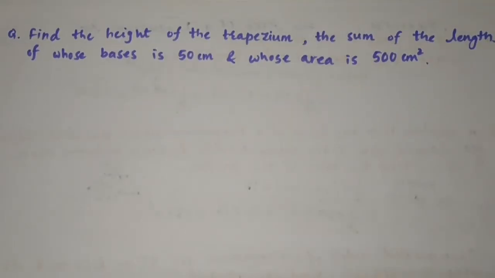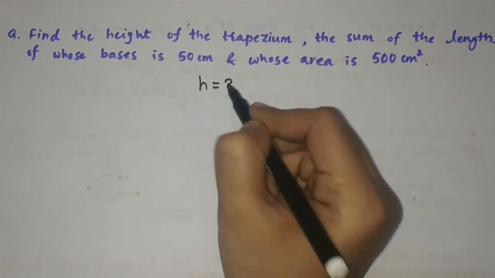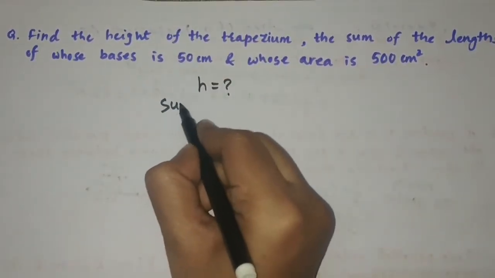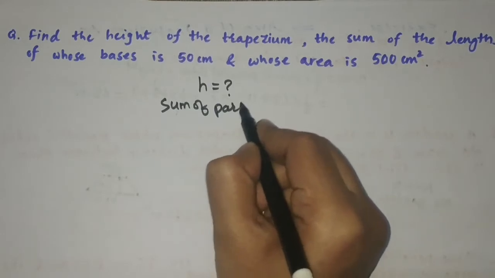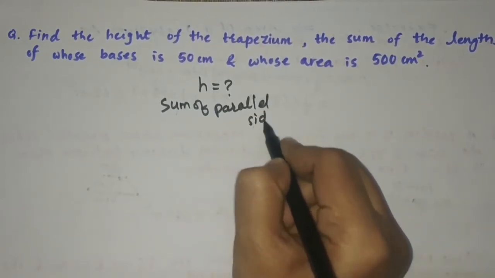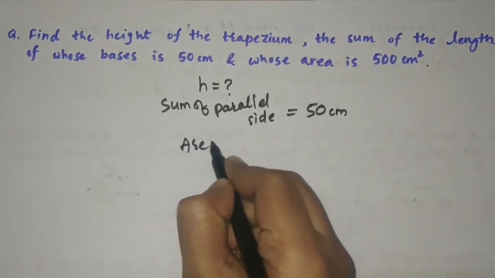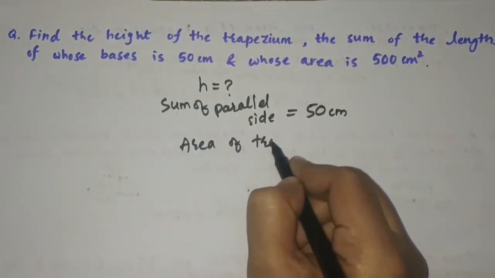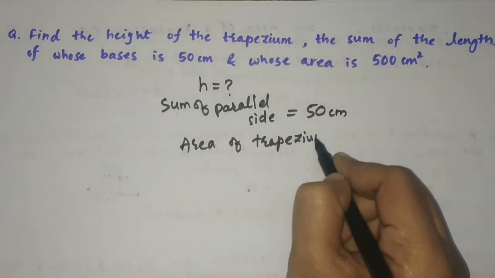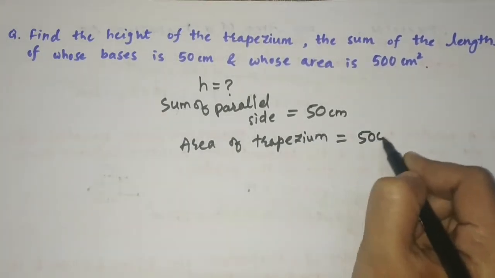Now friends, the next question is find the height of the trapezium. Again we have to find out here height, and the sum of the lengths of its parallel sides is given, that is 50 centimeter, and area of the trapezium is also given. What is that area? It is 500 centimeter square.